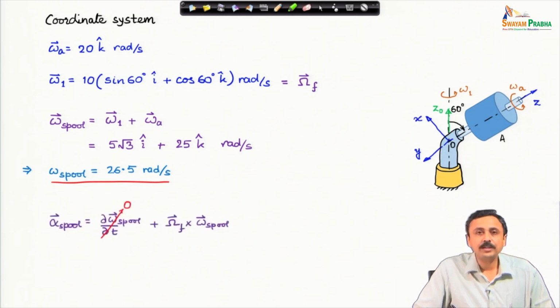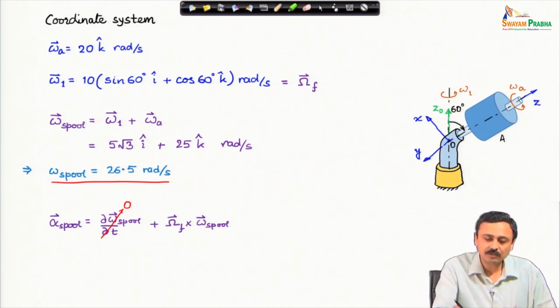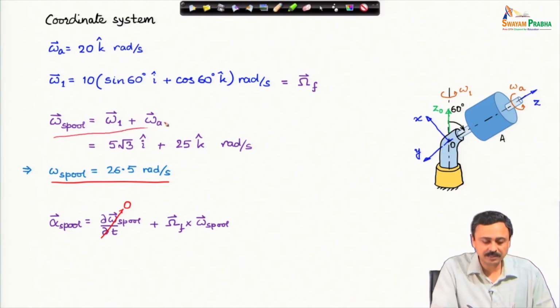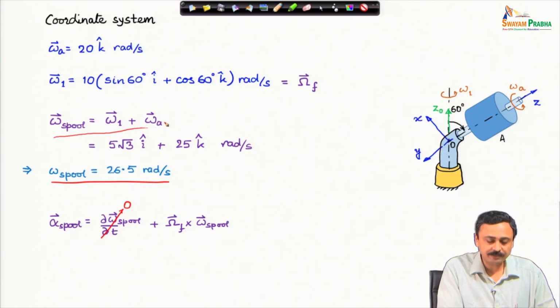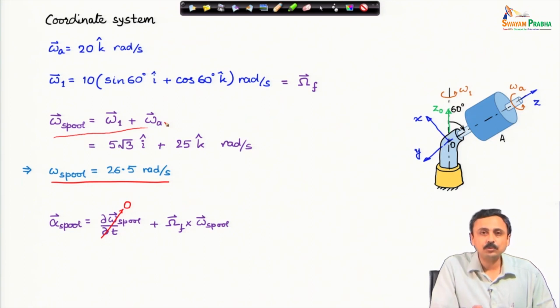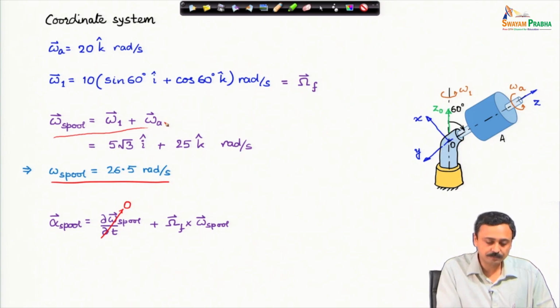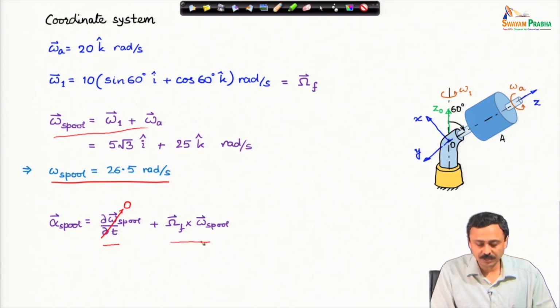Next, we have to find the angular acceleration of the spool. If I differentiate the angular velocity of the spool, I get angular acceleration, and I must remember to take the derivative in our prescribed form. We have the local derivative, plus, because of the frame rotation, another term, omega f cross omega spool.